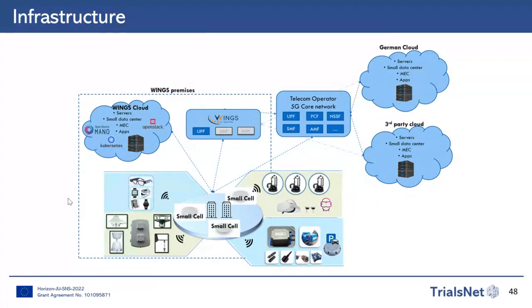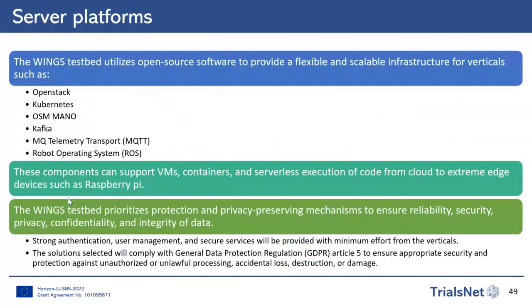So in the next slide, we see some aspects on these server platforms. As we said, in general, the Wings testbed utilizes some open source software to provide flexible and scalable infrastructure management and resources for various verticals.